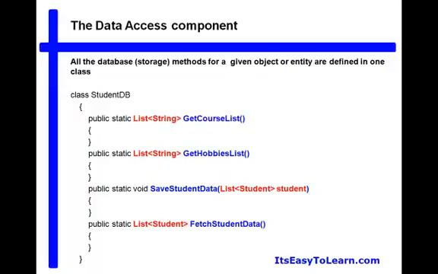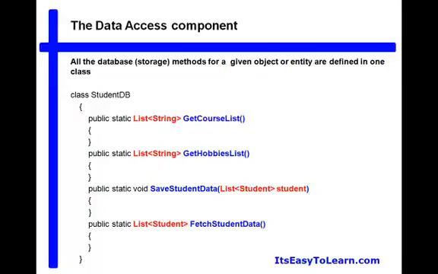It has the following methods: get course list, get hobbies list. These two methods are used to populate the add new student form with the list of courses and list of hobbies. And then once the user selects the data and edits the data, adds the respective values for a student object, we need to save them in the database.